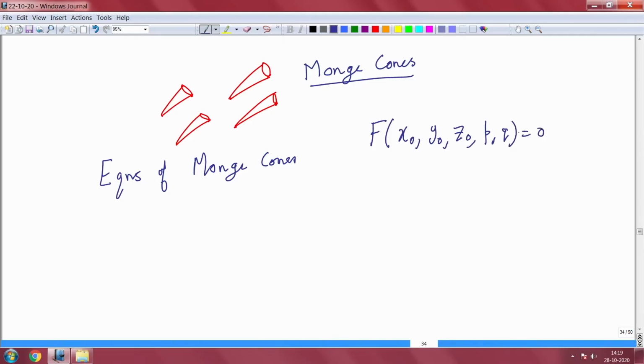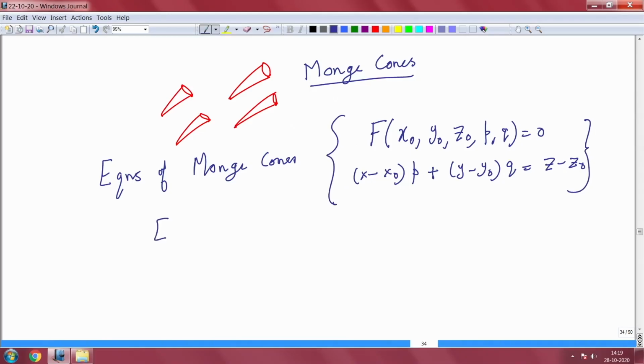You solve this, and then you have x minus x naught into p, this is the equation of the plane, plus y minus y naught into q equal to z minus z naught. So these are the two equations. You want to find its envelope, the line of contact.